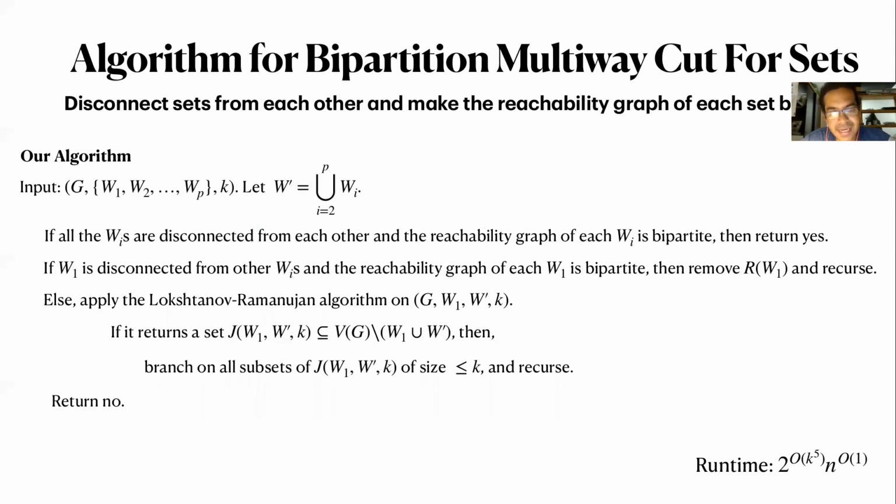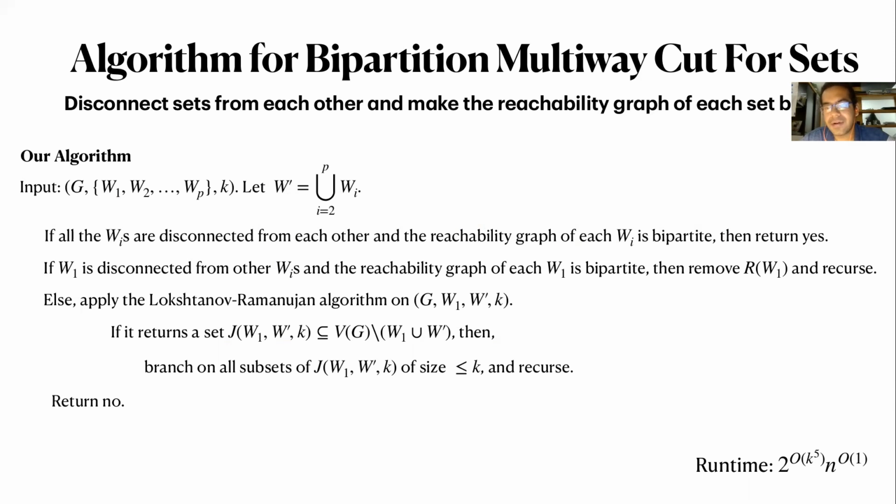If it returns a set, then branch on all subsets of the set of size at most k and recurse. Otherwise, if you are not accepting in any of these recursions, then just return no at the end of the branch.